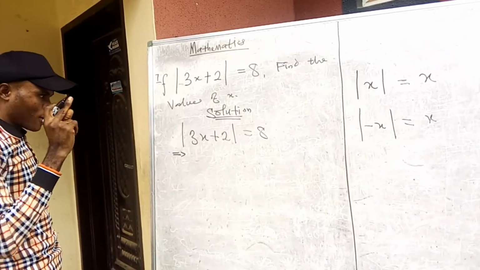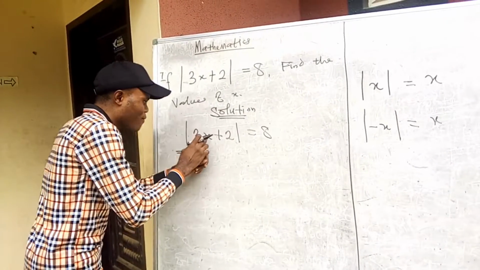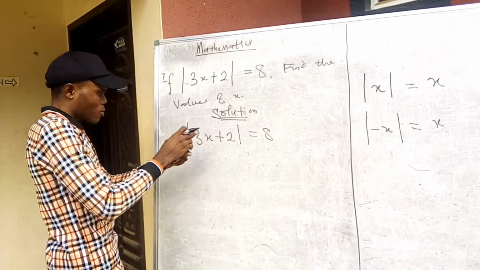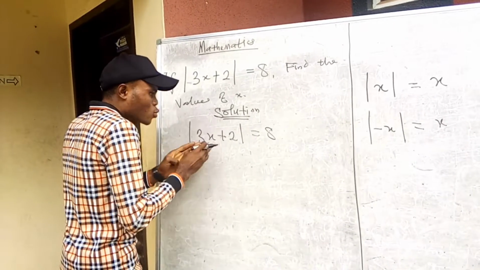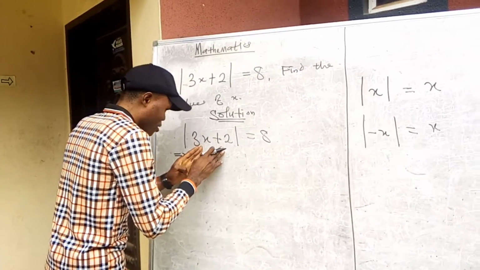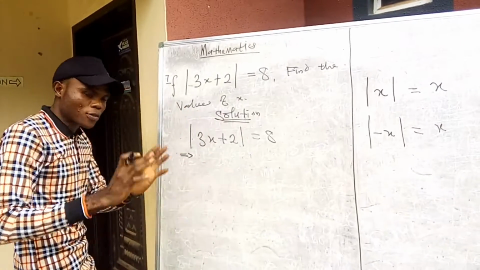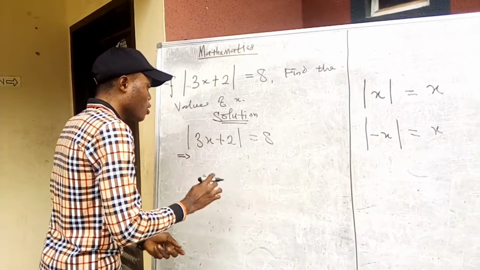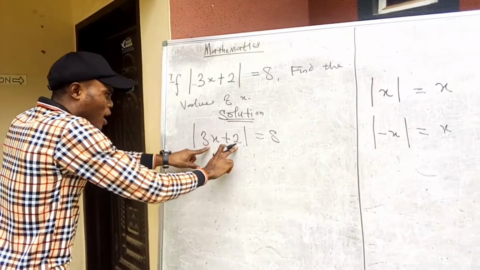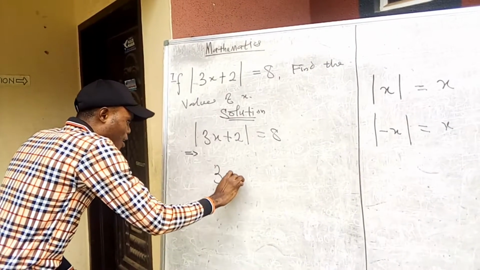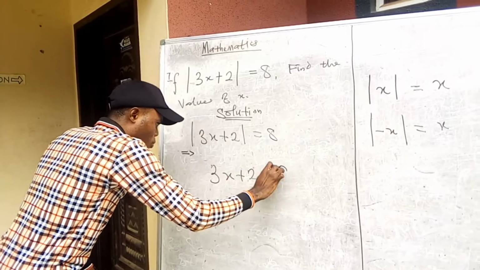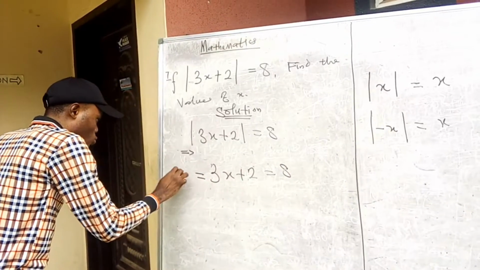Whatever value of x we have, once you substitute, you are going to have either a negative 8 or a positive 8 here. Then this absolute value will consider it as positive. Which means whatever value you're going to have here is either going to be equal to 8 or equal to minus 8.